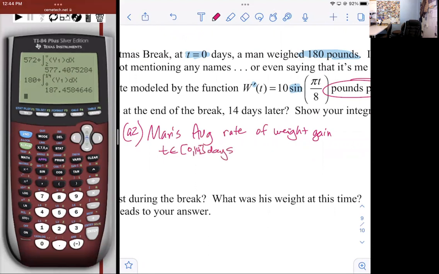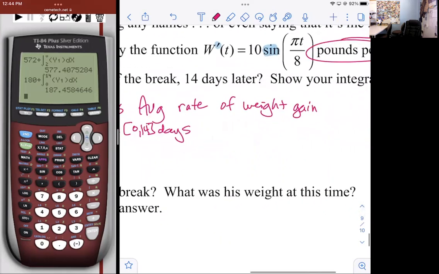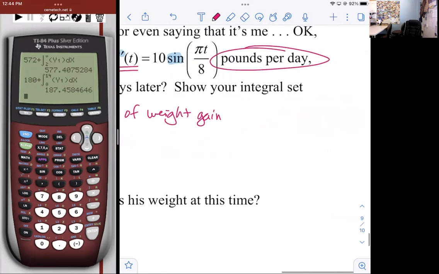Well, I'm not asking for his average weight. The rate of change is usually the derivative. But the question now is when I'm trying to find his average weight gain rate, I'm trying to find the average W prime. Yes. W prime is his rate of change of weight.